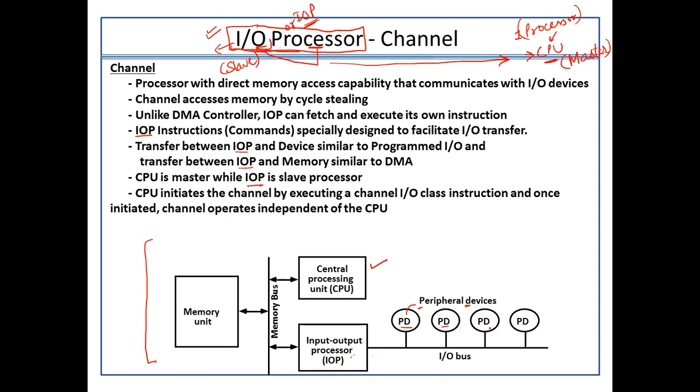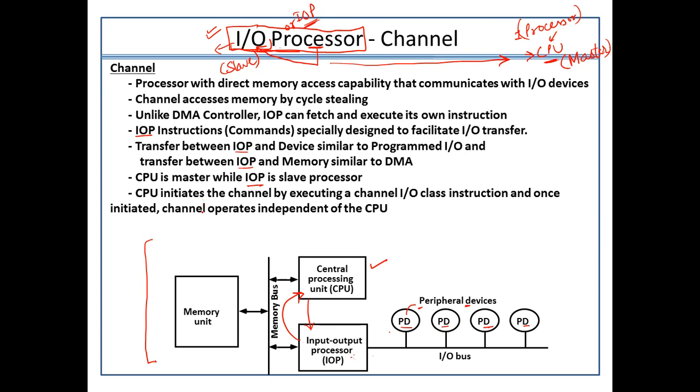If they want to communicate with the memory unit, they have to talk to the IOP. Only then will the IOP talk to the CPU, and once the bus is granted, as was the case in DMA, the transfer of data will take place. This is how the communication of the IOPs always takes place.